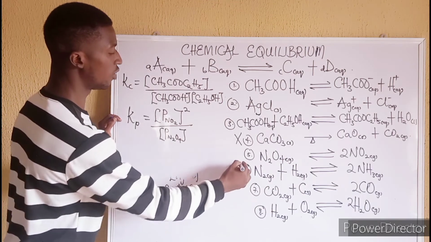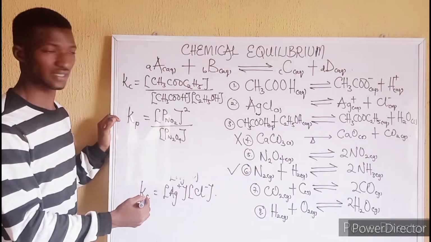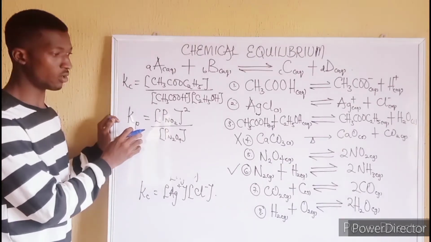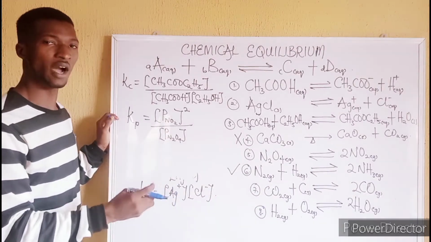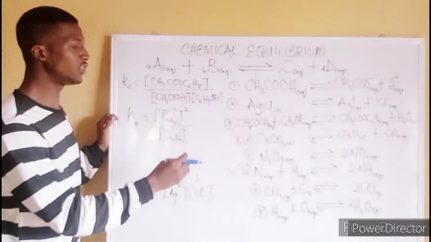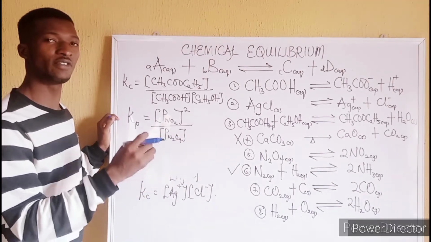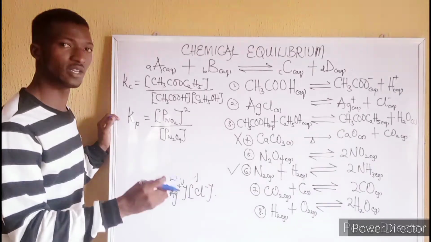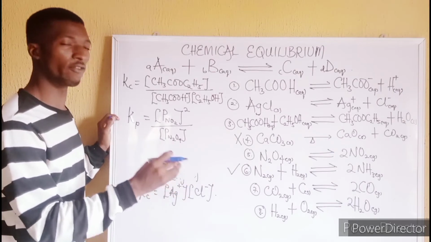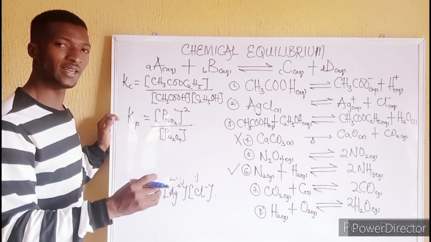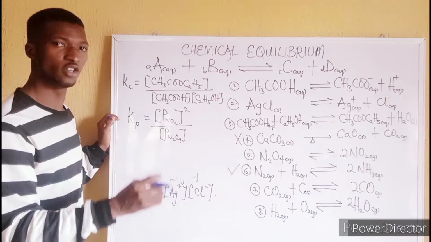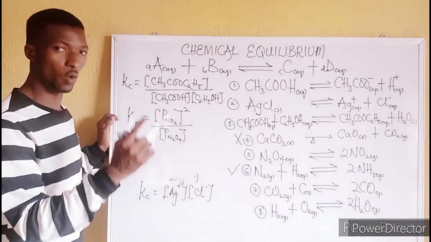I will leave you with number 6 to write the equilibrium constant. We move to number 7. The same factor that is considered when one of the components of a reaction in an aqueous system is in solid state is applicable for a gaseous system. When any of the components is in solid state, you take the partial pressure to be 1.